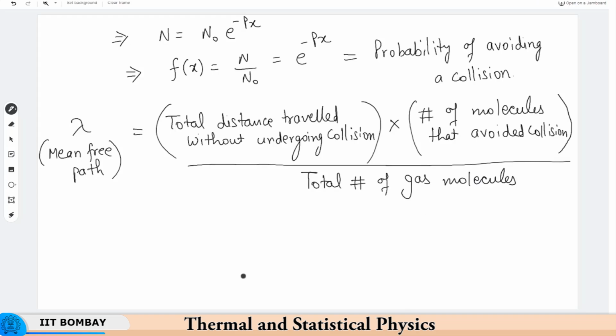Okay. So, this is by definition of how we defined mean free path.